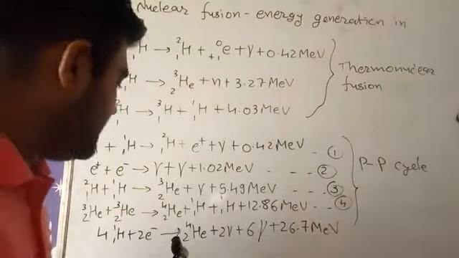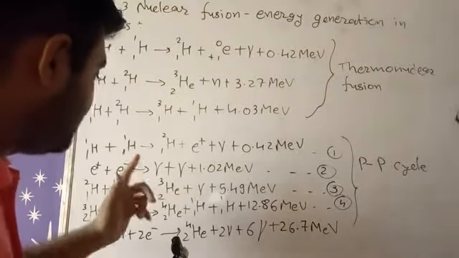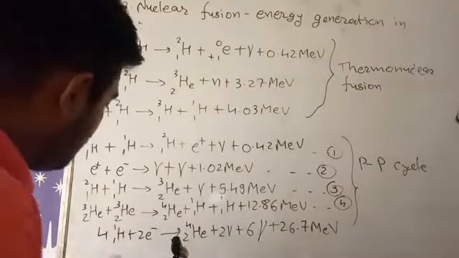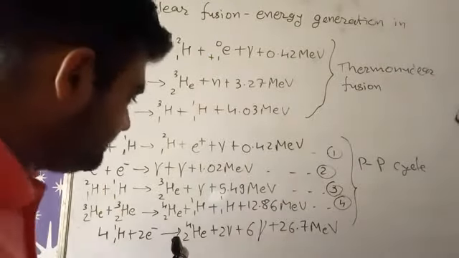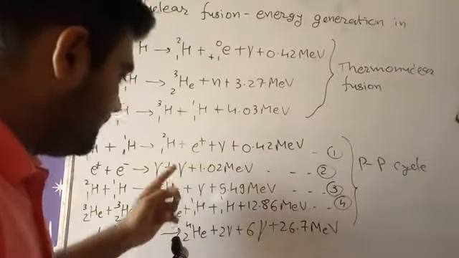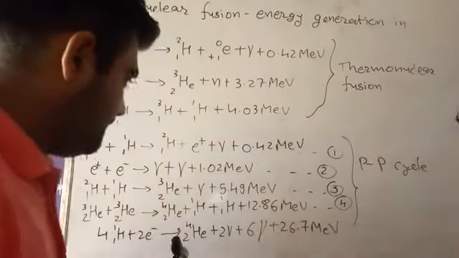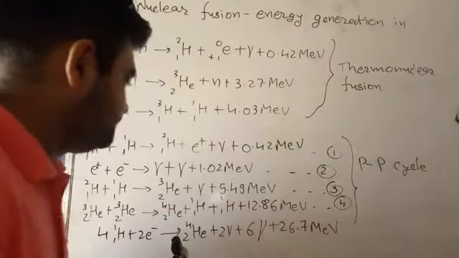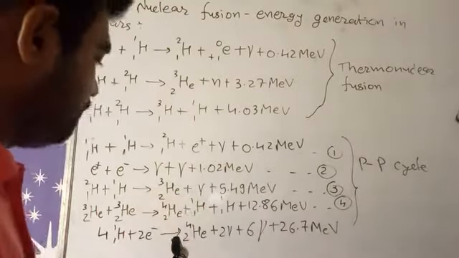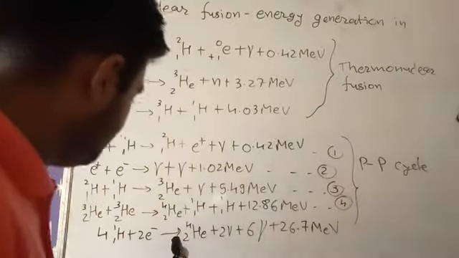That is our second reaction. Now the third reaction is between one deuterium and one hydrogen. Again because of the temperature they come together, form one helium plus gamma, and here we get 5.49 mega electron volt, which is more than the previous one.